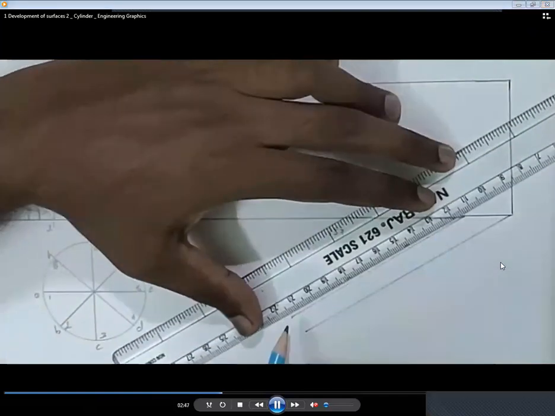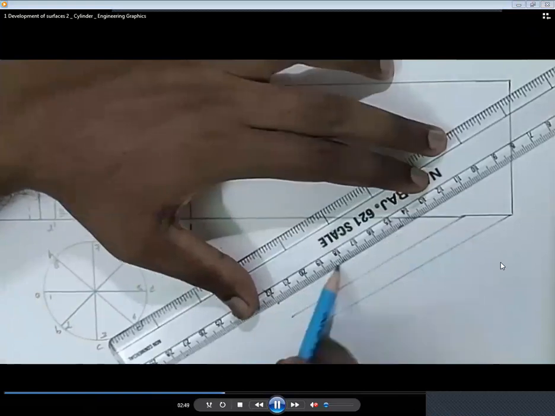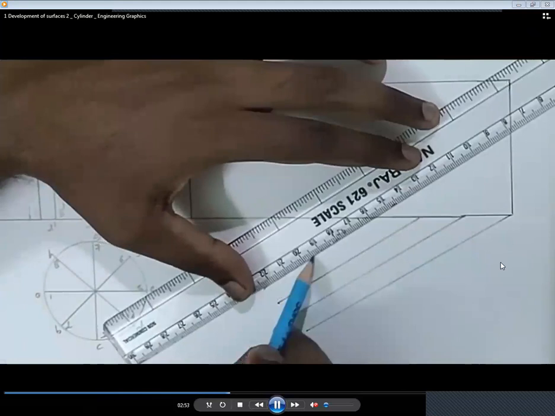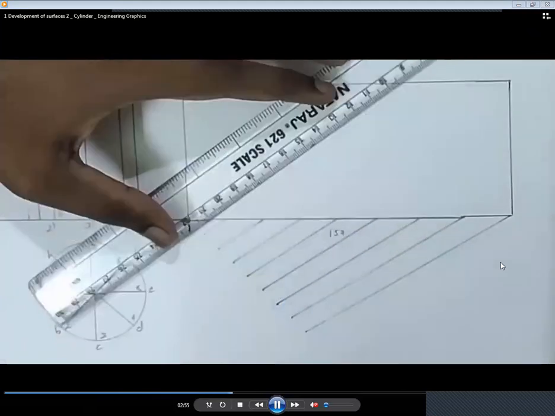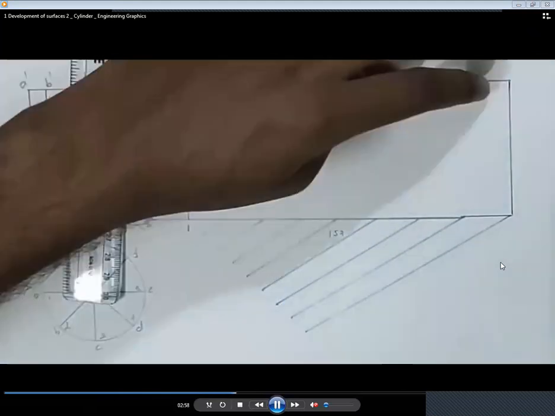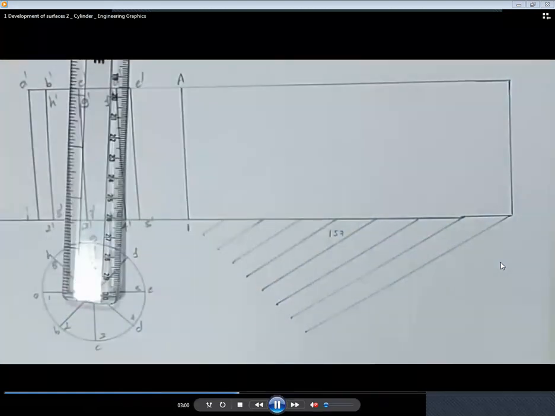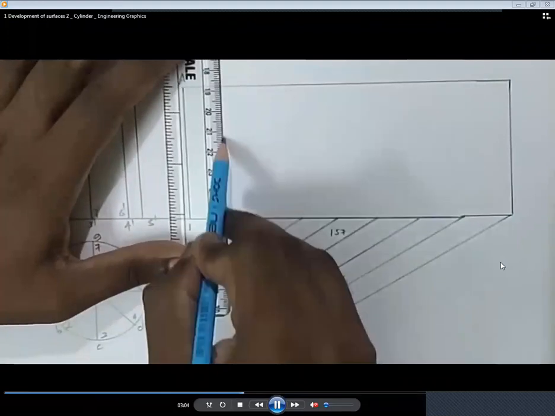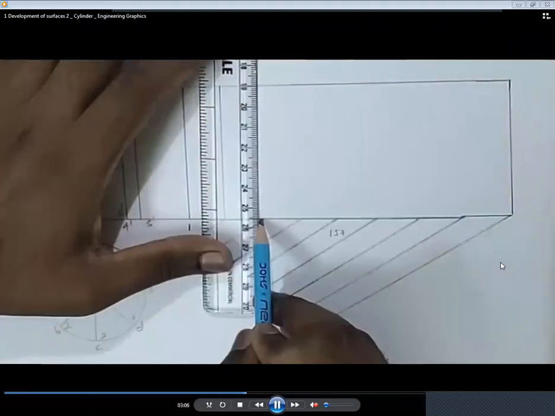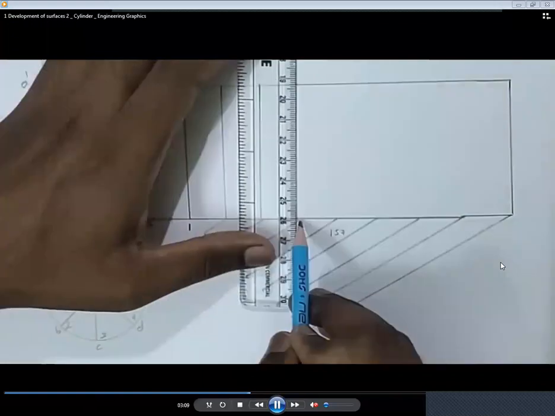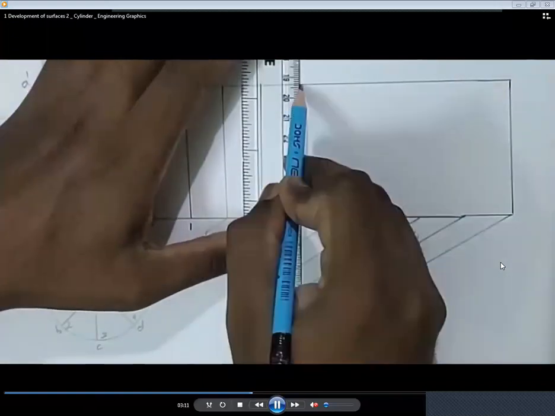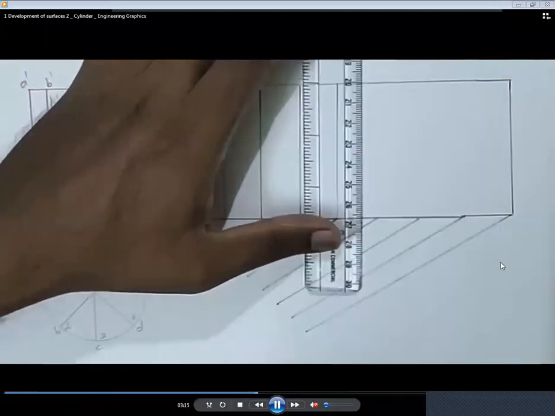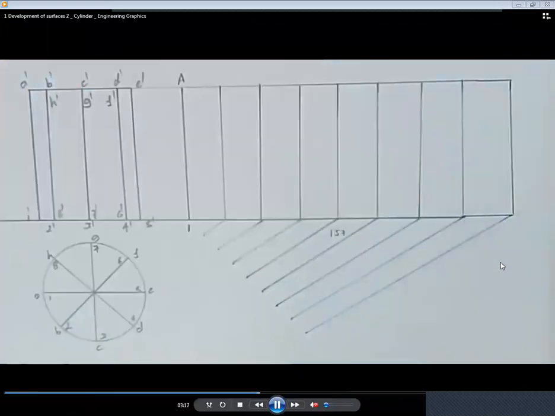In first year graphics, we have studied this method, how to make equal parts of a line having any dimensions. Or just give the equal spacing in between these parallel lines.